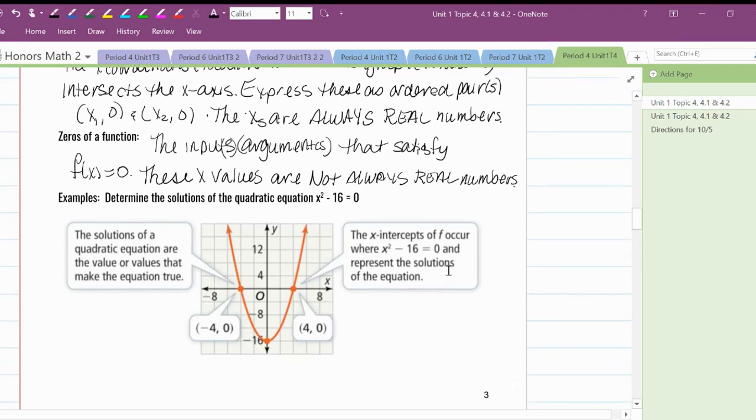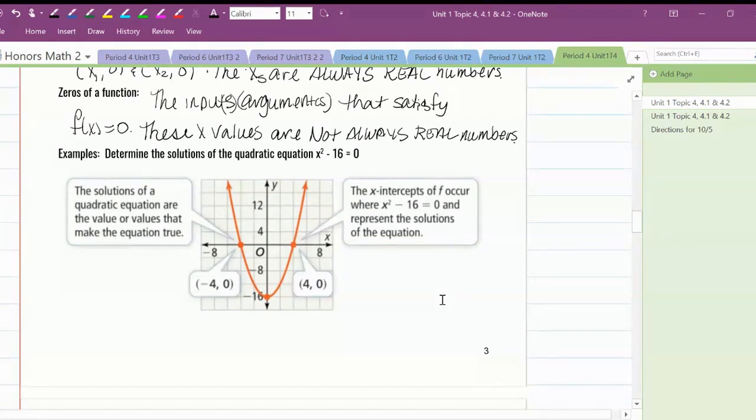Okay, if we look at the graph, we can determine our solutions to an equation if we have our quadratic set equal to 0. What I'm looking for are my x-intercepts. And we can see that there are two solutions here.